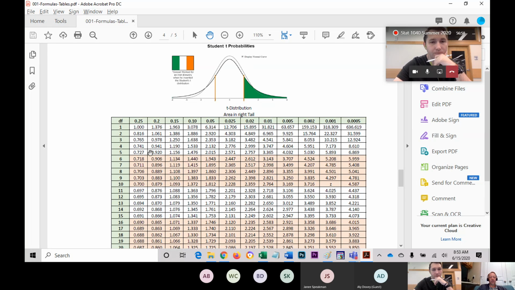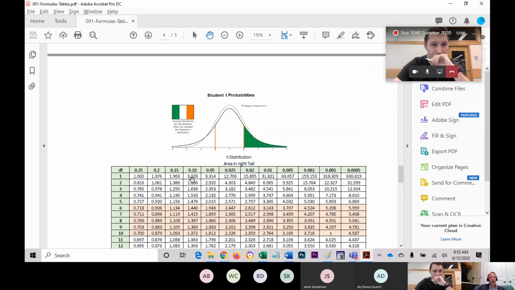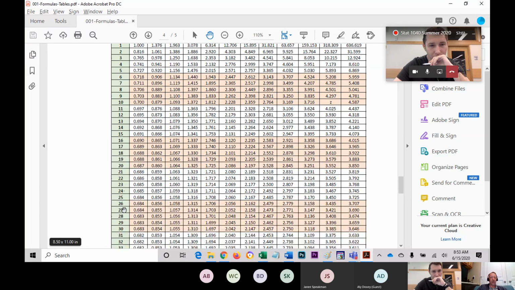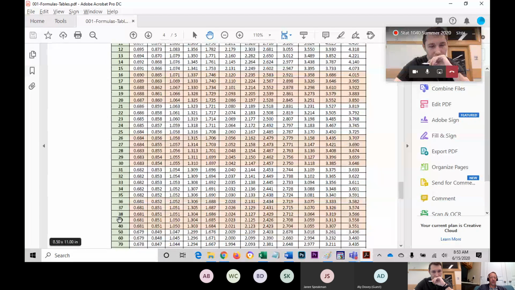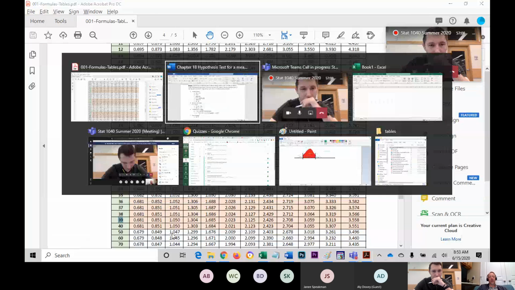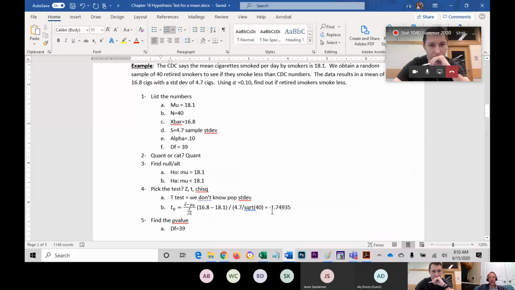So here's what you're going to do. Down this column here, you've got your degrees of freedom. So we've got 39 degrees of freedom in this case. What you're going to do is ignore the negative for a minute. Remember, this is a left-tailed test, but I've got a value of negative 1.74.